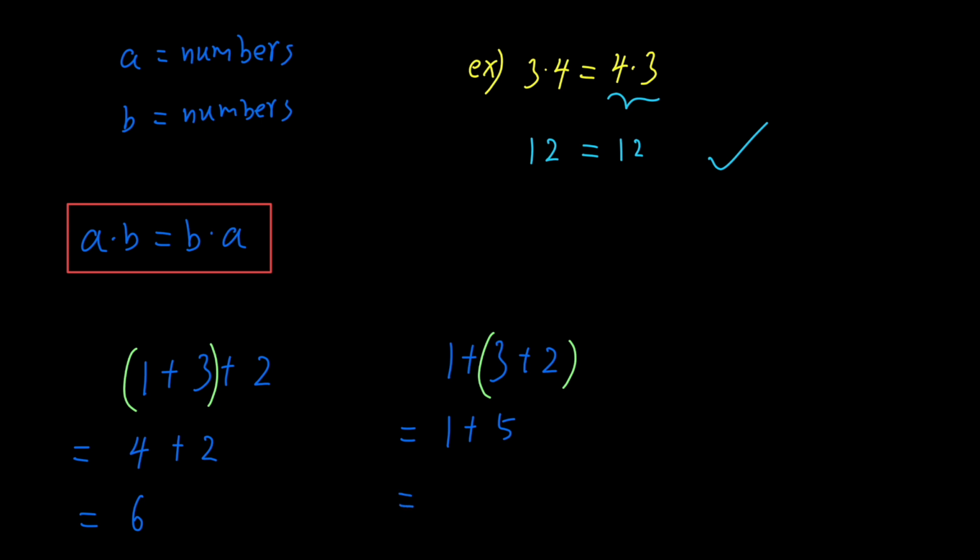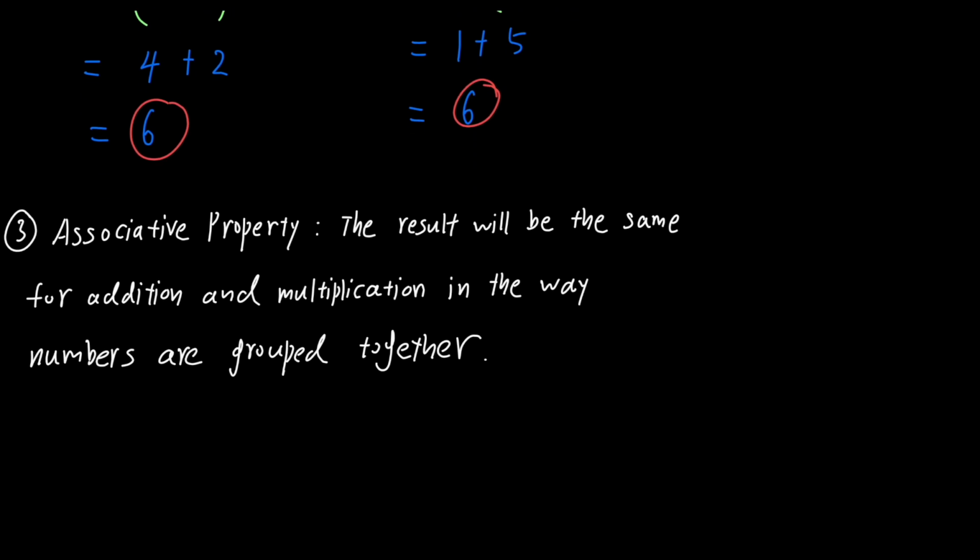And 1 plus 5 is 6. And yes, they are the same. To describe this process, we have a specific name for it. We call it the associative property. It means the result will be the same for addition and multiplication in the way numbers are grouped together.